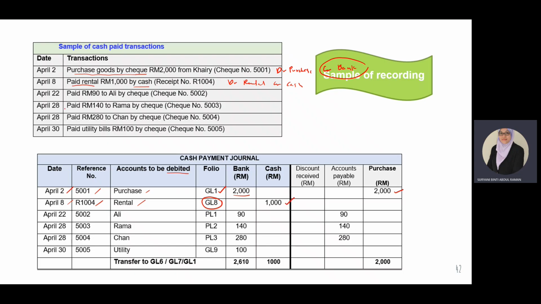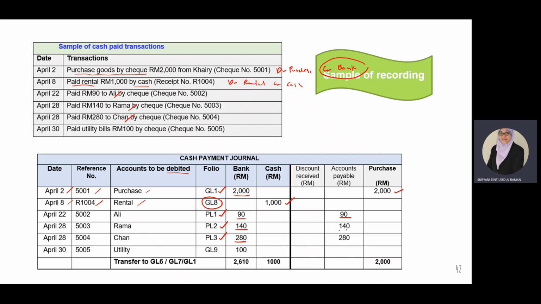As for April 22 until 28, you pay your creditors, Ali, Rama, and Chan. Your creditors are already open, so you just use the old codes of reference, PL1, PL2, PL3, and record in the bank column since you made the payment by check.